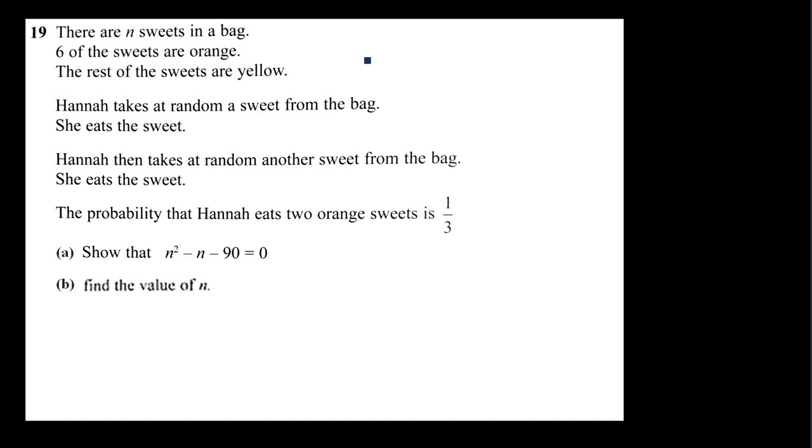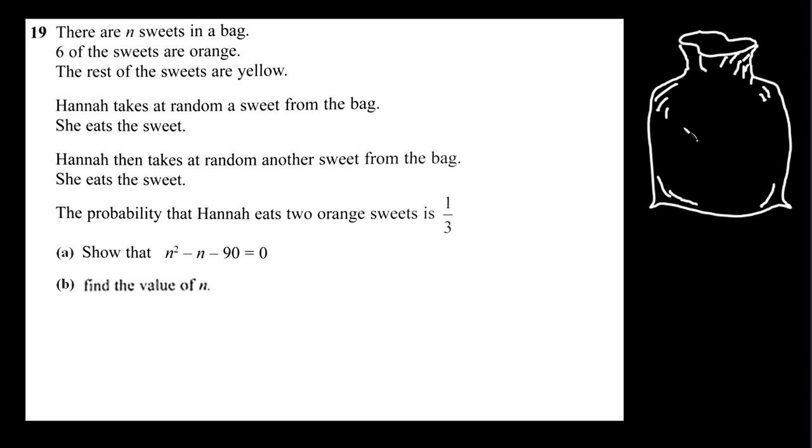Well, there are 6 orange sweets in the bag, and in fact let's just draw this out. So if we draw our bag here and our 6 orange sweets, it must be that, in event 1, she has a 6 out of n probability that she'll pick an orange sweet.